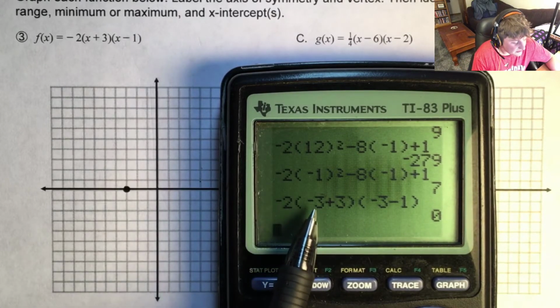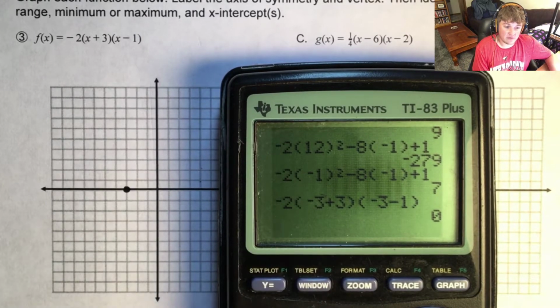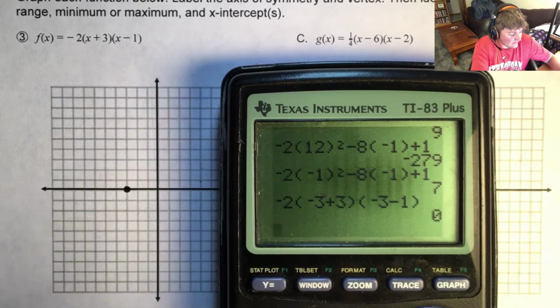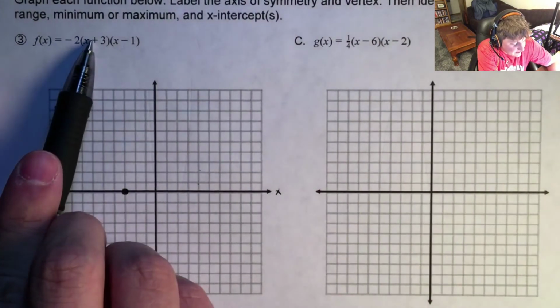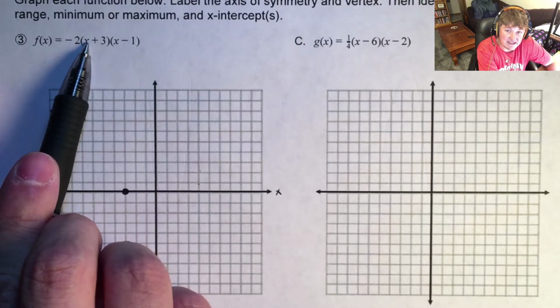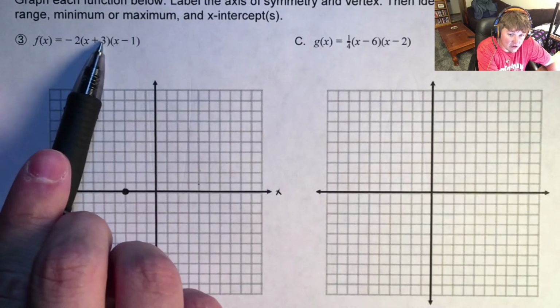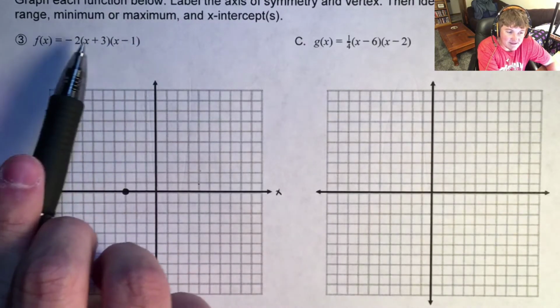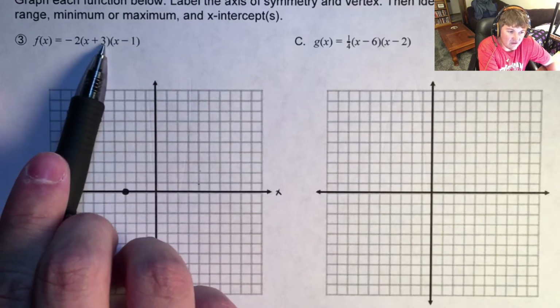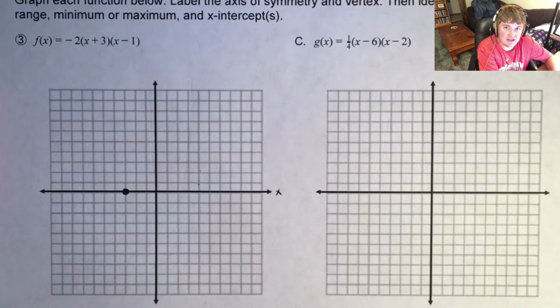Well, if you look in this parentheses, negative 3 plus 3, what is negative 3 plus 3? Well, it's 0. So if I take any one of these factors and plug in an x value that makes it 0, it doesn't matter what any of this other stuff is. If I'm multiplying and one of these factors is 0, it's automatically 0.